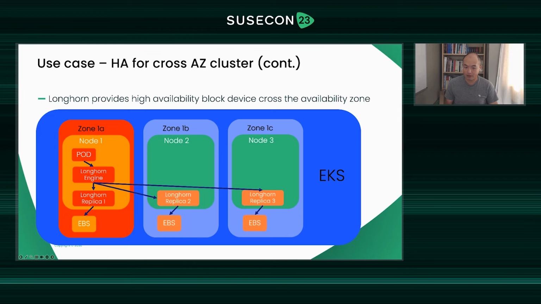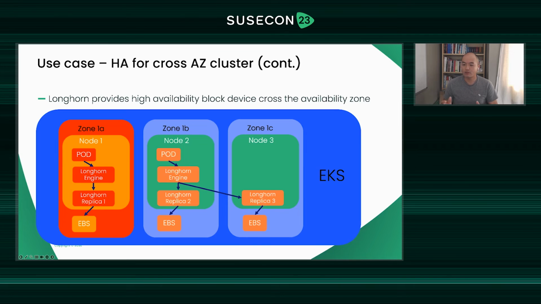If zone 1A goes down now, Kubernetes can still restart this pod on node 2, which is in zone 1B, and we can restart the Longhorn engine and connect it to the remaining replicas and make sure your data is still accessible by your workload.